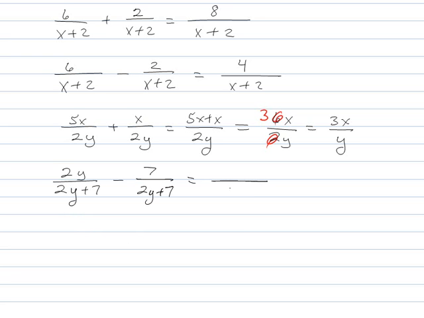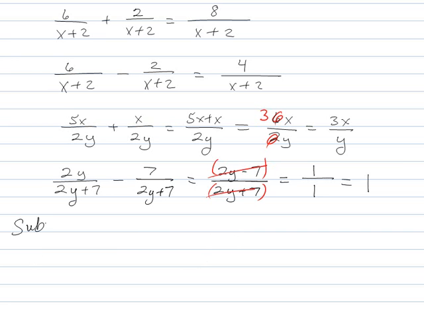Again, the number on the bottom is the same, and then I just do subtraction on the top, 2y minus 7. Now on this one, note that we have the same thing on the top and the bottom, so in fact they both cancel out, leaving us with a placeholder on the top and a placeholder on the bottom, so that really just simplifies to 1.